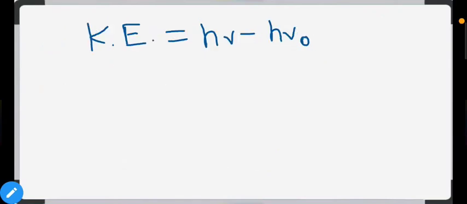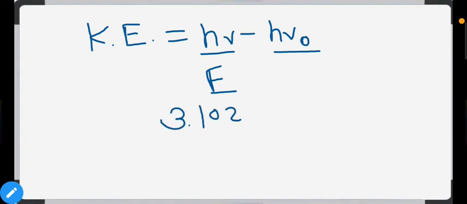Now the kinetic energy of the given electron is equal to the total applied energy minus the threshold energy, that means hν minus hν0. The total applied energy we calculated as E, which is 3.1020, and the threshold energy in this case is the work function of the metal.